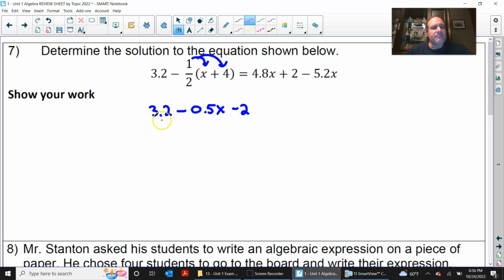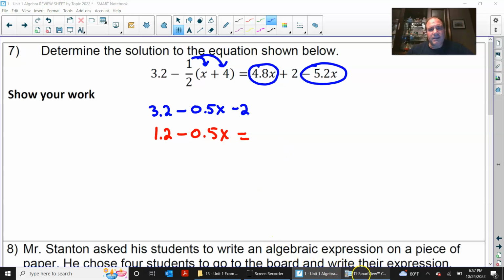All right, so I'm going to combine like terms before I move on. 3.2 minus 2 is 1.2. So I'm going to do 1.2 minus 0.5x equals. So now I'm going to go back up here, and I know I'm going to combine these like terms right here.